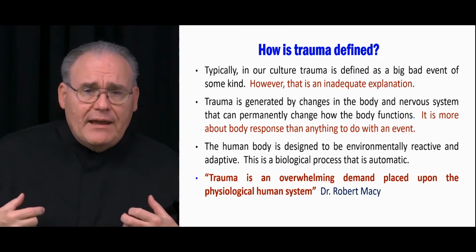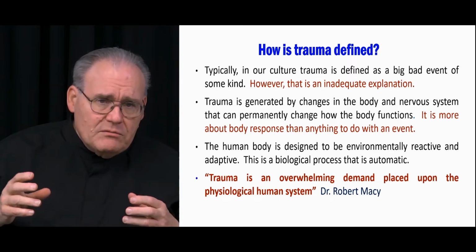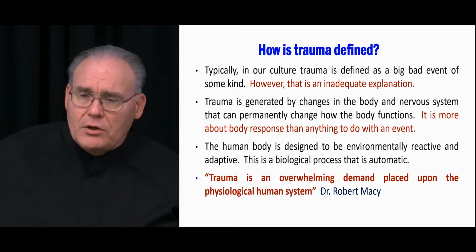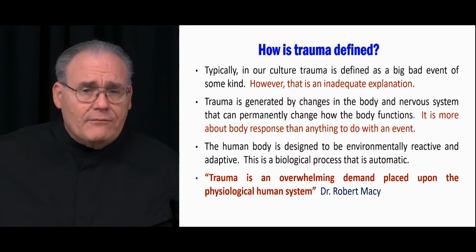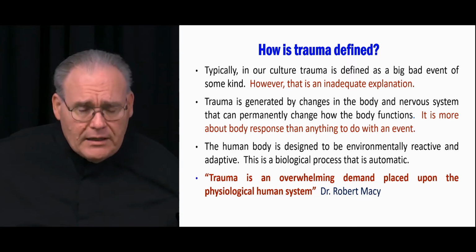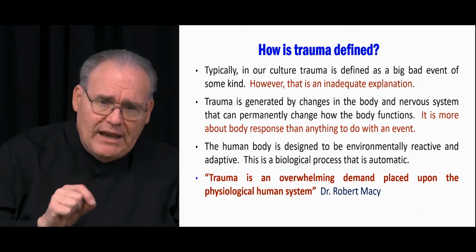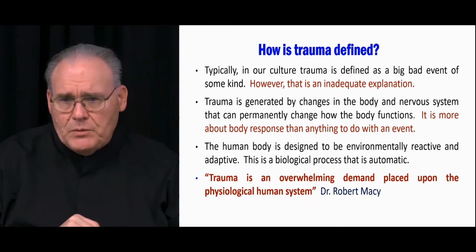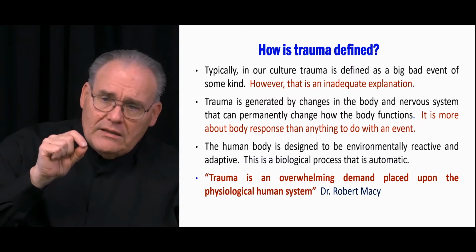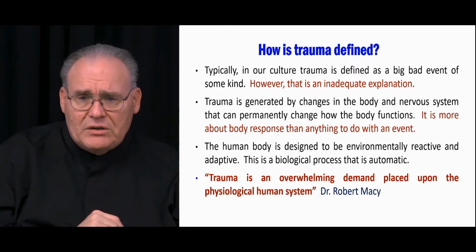It's more about that than an individual event. Trauma is generated by changes in the body and nervous system that, if it occurs early enough in life or lasts or persists long enough, can actually change the way the body functions, can change the way the nervous system works, can change genetic expression, can, in some cases, develop inheritable traits to the next generation.